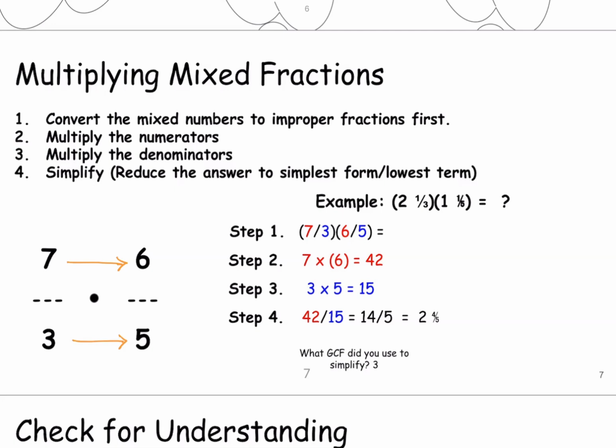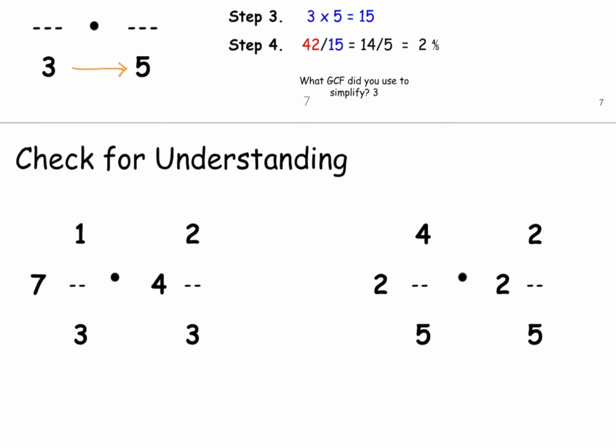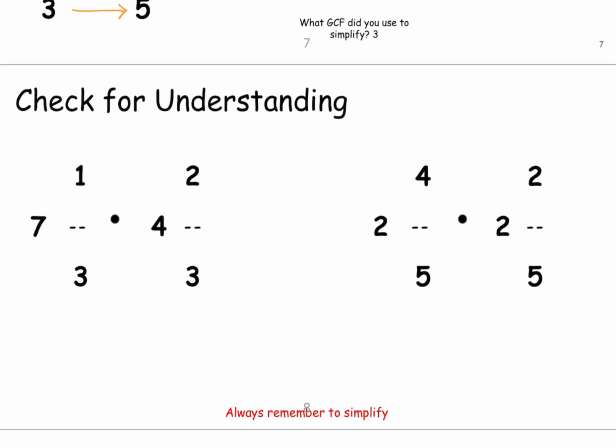So let's practice that. The first thing we want to do is to convert these fractions to improper fractions. So 7 1/3 means we would multiply the 3 times the 7, and then we would add 1 to that. So 3 times 7 plus 1 would go in our numerator position.